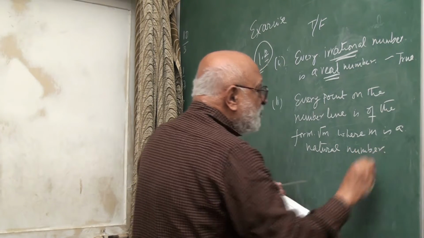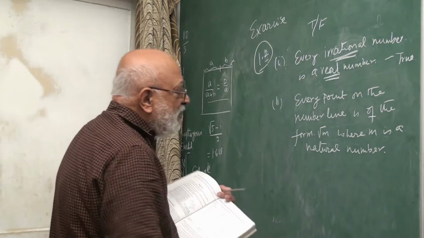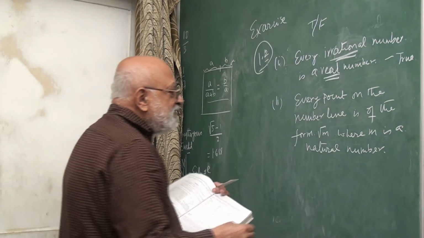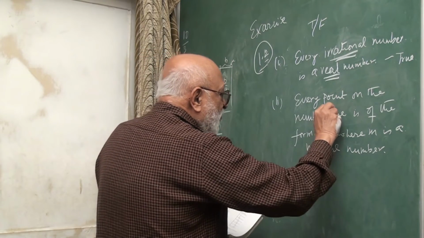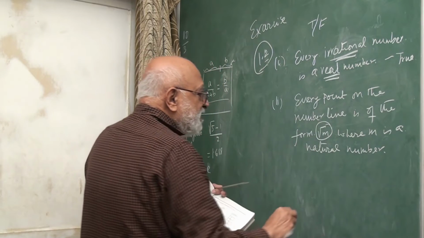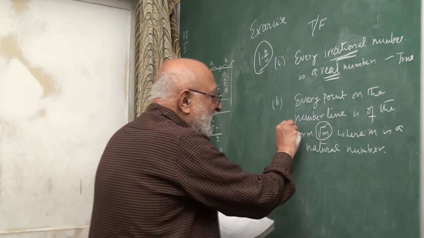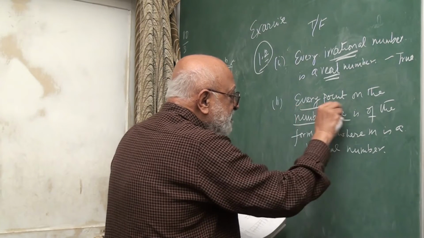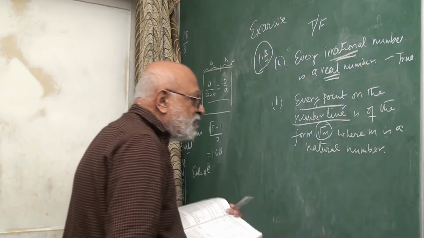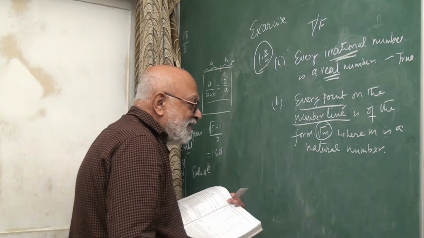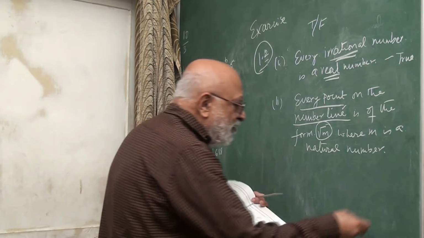I am writing the whole thing so that you understand. No, every point, how can this be? Because in the number line, remember this is a clue, you have all numbers.